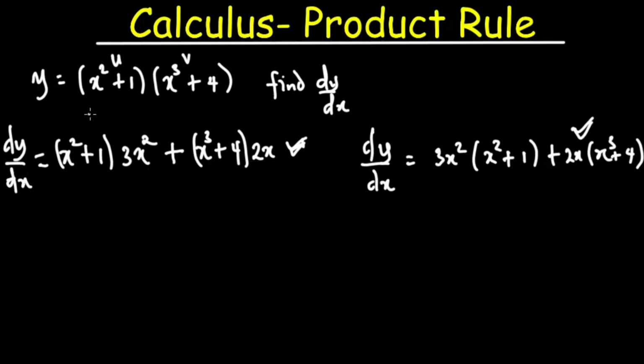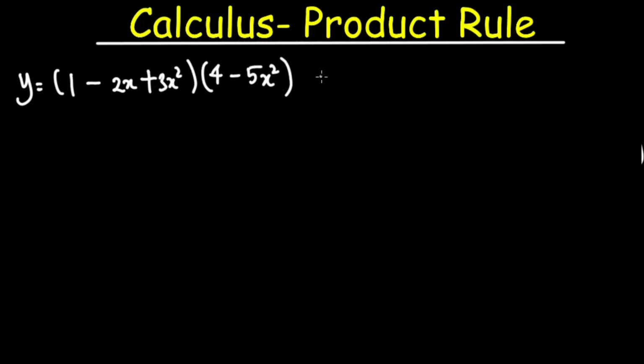Very, very simple. Let's look at another question. So this question says that if y is equal to 1 minus 2x plus 3x squared multiplied by 4 minus 5x squared, find dy/dx.